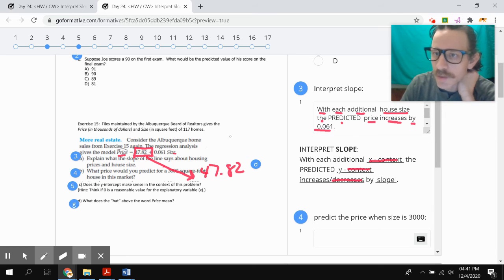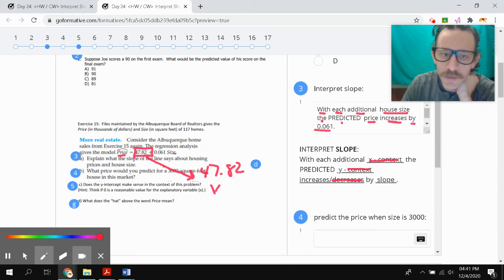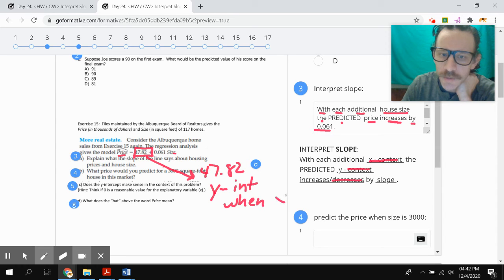Does that number make sense when we talk about price? I mean, that could happen, probably, right? But what's the other piece to the y-intercept? Y-intercept happens when x equals what? Every single time, x is supposed to equal 0 for the y-intercept. So what's our x? It's house size.